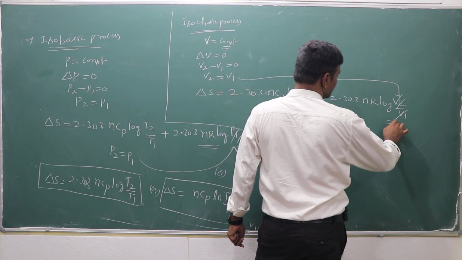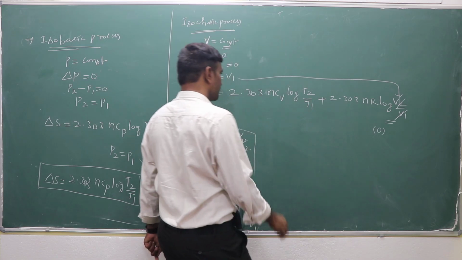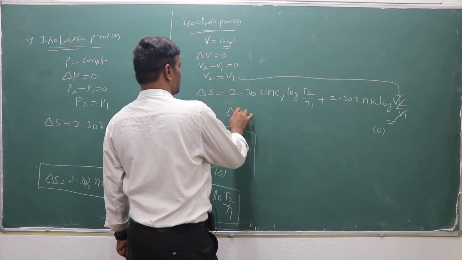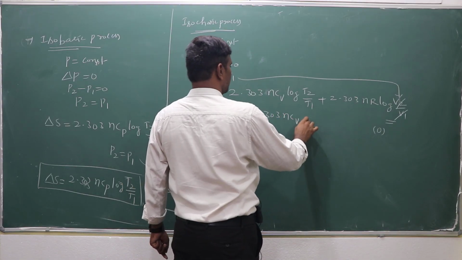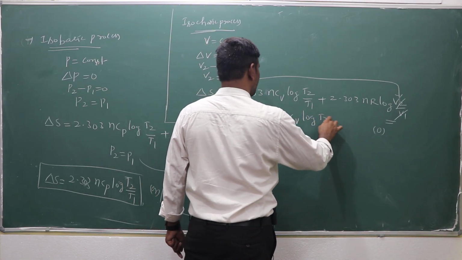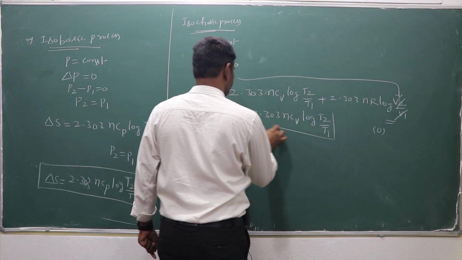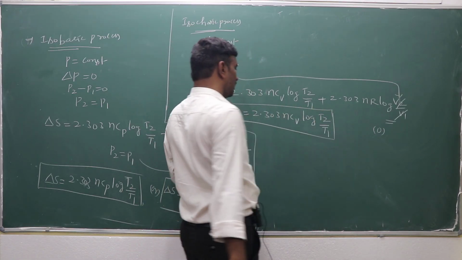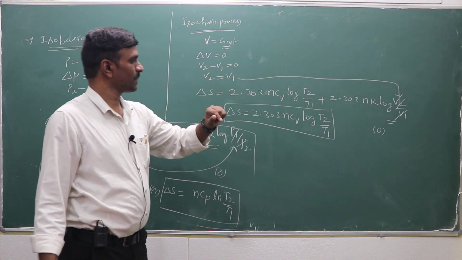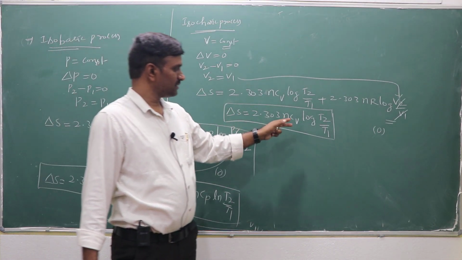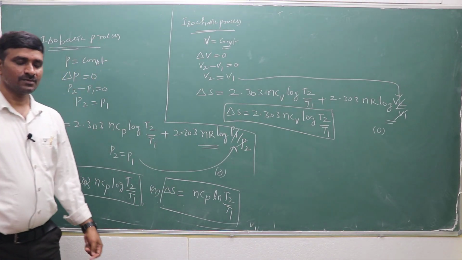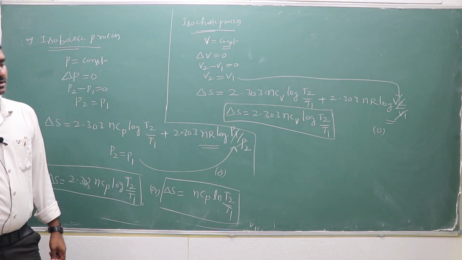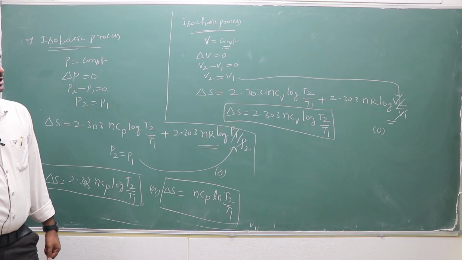Log 1 is left, and log 1 value is 0. So the equation is delta S is equal to 2.303 nCv log T2 by T1, or nCv ln T2 by T1.